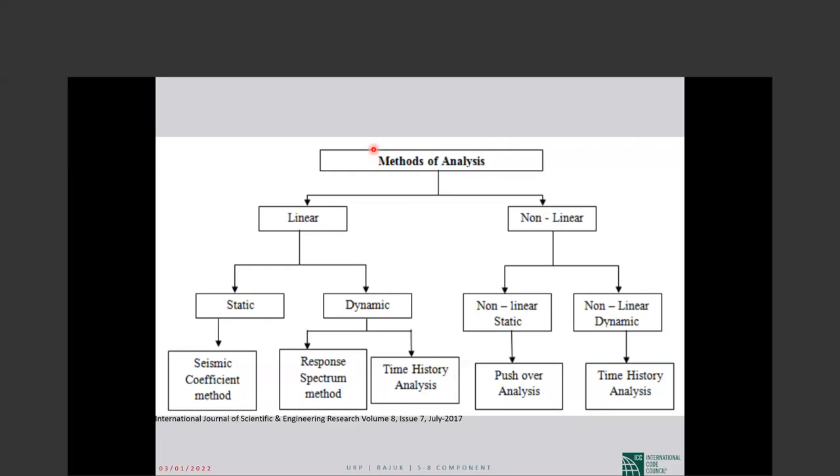To look at the demand and capacity for them, and check for each action, either force control or deformation control, if their capacity is more than the demand. So our whole story is how to calculate capacity and demand for each force control or deformation control.